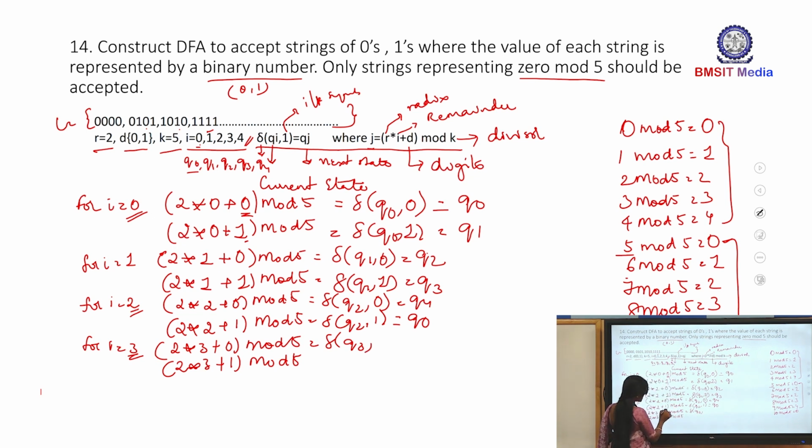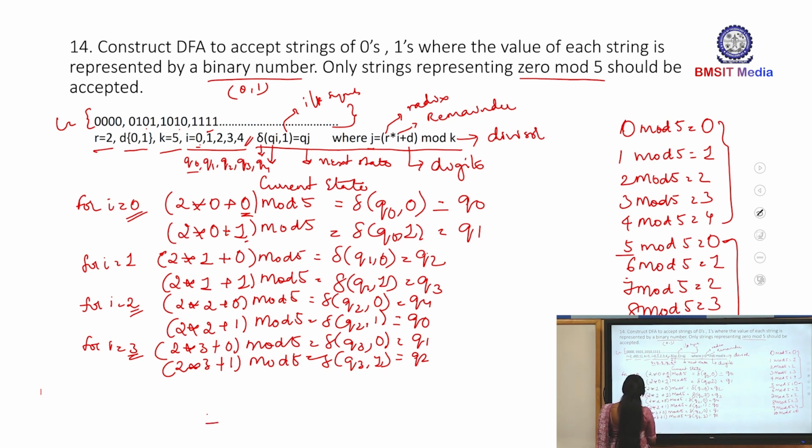This would be 6 mod 5, on accepting a 0. 6 mod 5 is 1, so I can write this as Q1. And the next one is delta Q3 on seeing a 1. So this is 7 mod 5. 7 mod 5 is 2, so I can write the state as Q2.